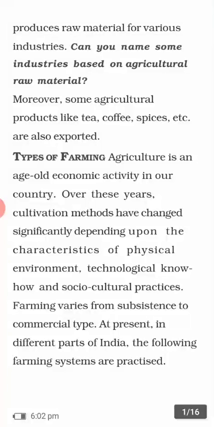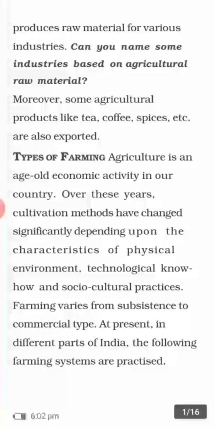So there are many people who are engaged with agriculture through subsistence farming, and there are many people who are engaged with agriculture for commercial purposes. Okay, so you know that with this advancement in science and technology, agriculture has also drastically changed.